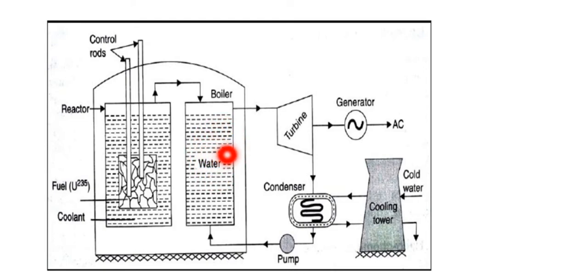Then that steam is allowed to fall on the blades of the turbine. So what will happen? The turbine blade starts rotating. Therefore, it generates the mechanical energy. In turn, it is connected to the generator. So that mechanical energy is converted into electrical energy. Okay, and that is utilized for the required purpose.